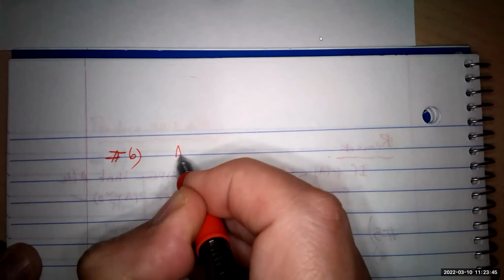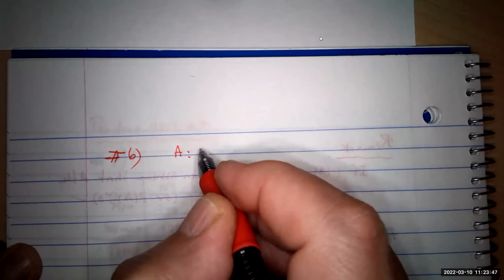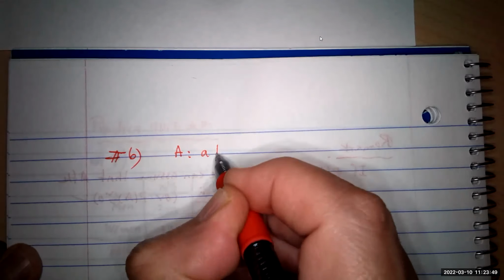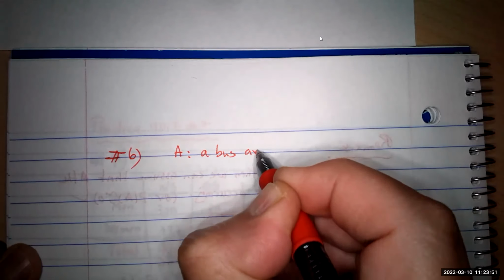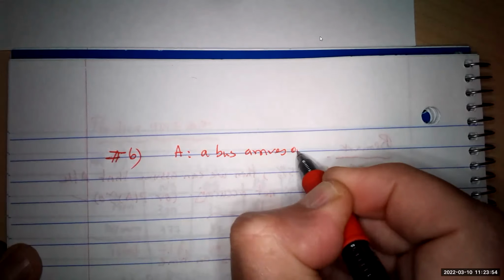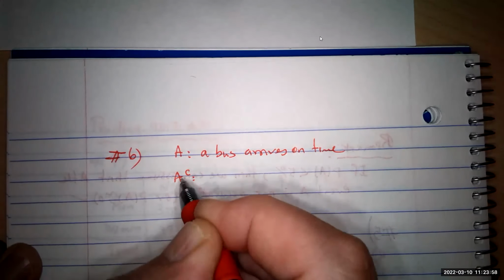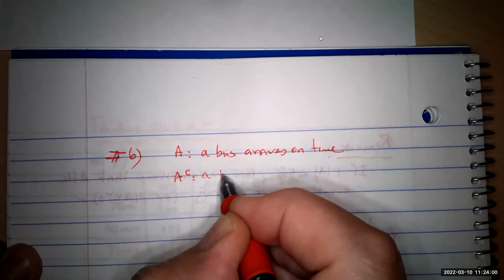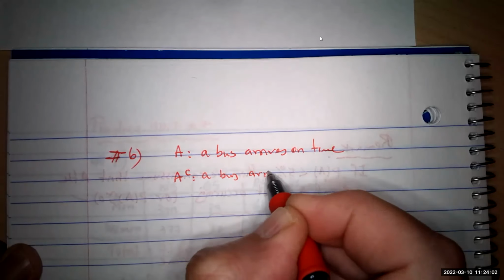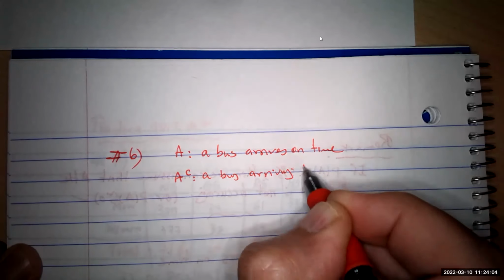So you can take A to be a school bus that arrives on time. Then your A complement would be a bus arriving late.